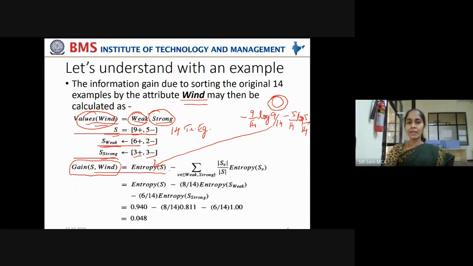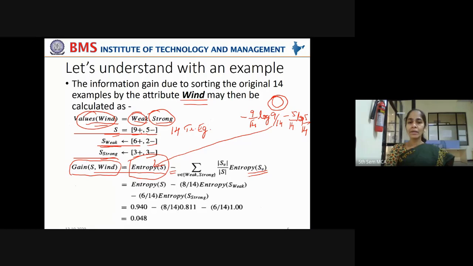Minus, see here, the operator here, minus, add up entropies of the values, training examples having wind value as weak, plus wind value as strong. Both have to be subtracted from the total entropy of the training examples.